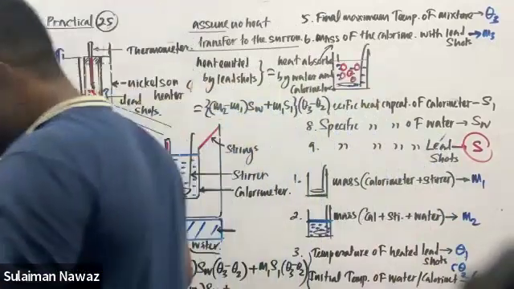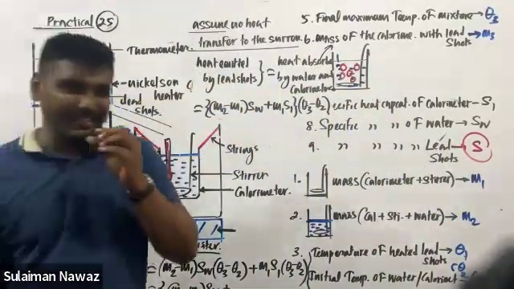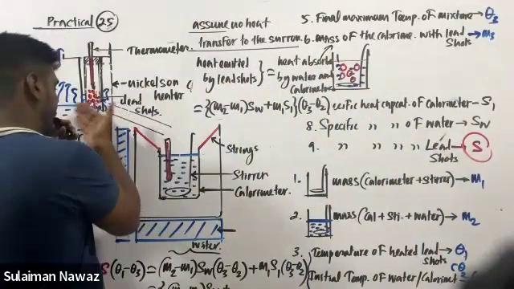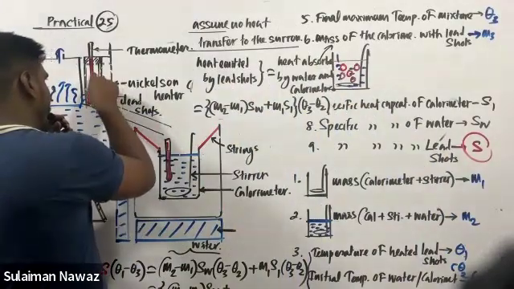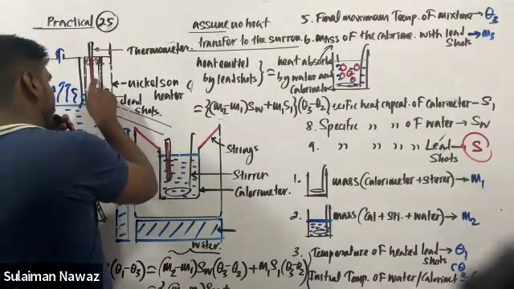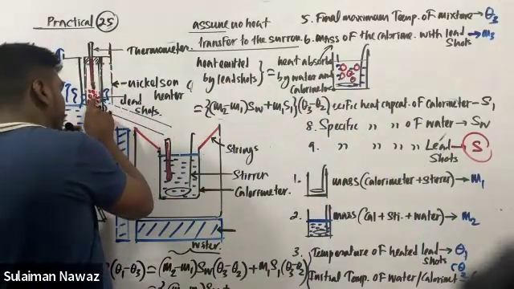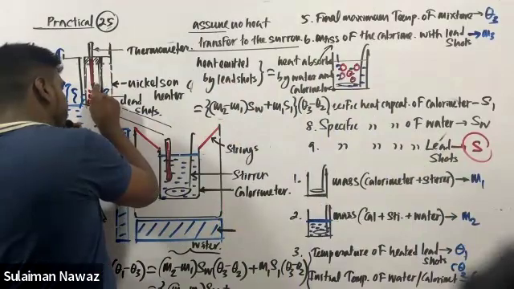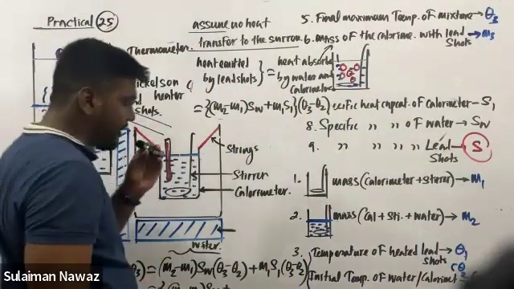So they are telling that heat the lead shots using this setup. But when you place the thermometer, please always keep your thermometer in contact with the lead shots. That's what they are telling.